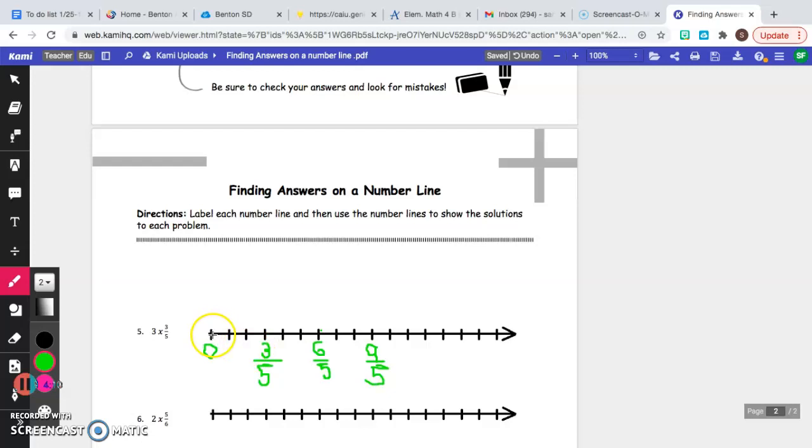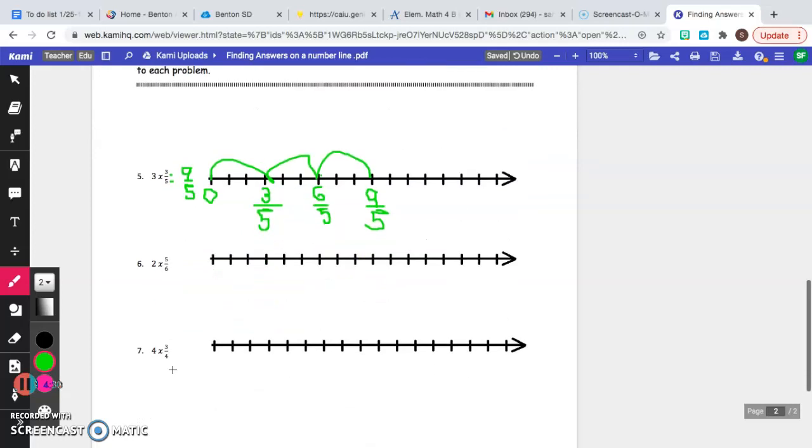Then I'm going to make my hops because I'm doing 3 hops: 1, 2, 3. So my answer is 9/5. Two lines for my equal sign. Okay, so my answer is 9/5.